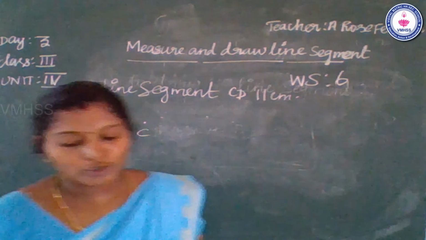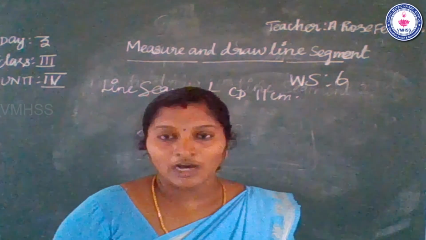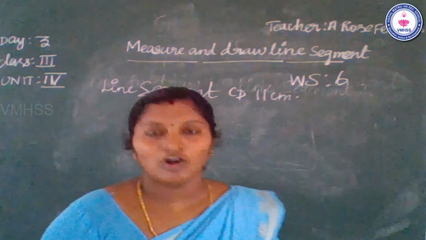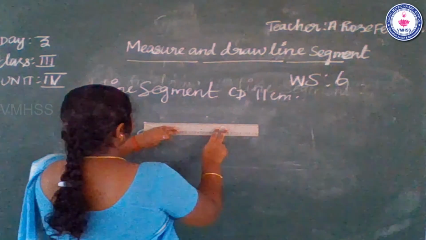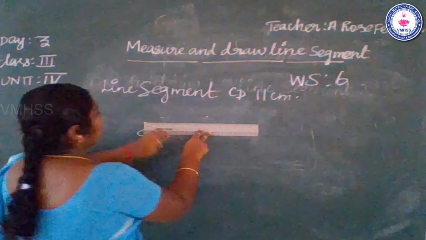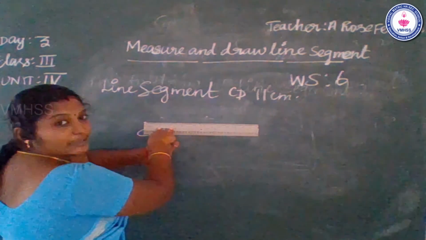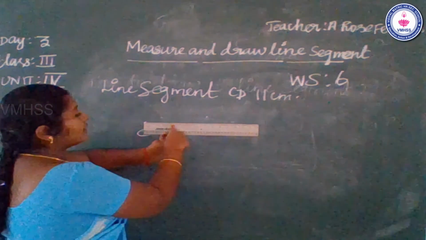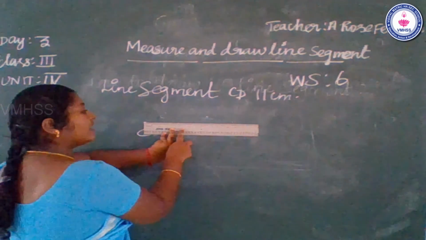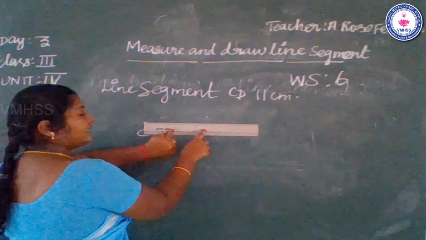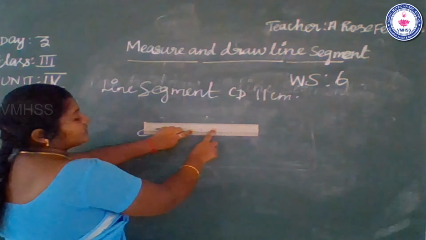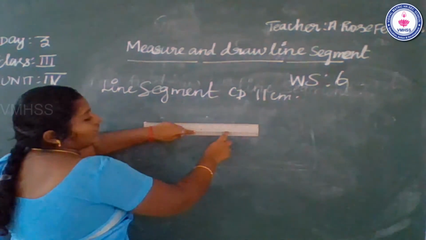So what is the second rule? Count 11 centimeter on the ruler. Okay, so 0 centimeter, 1 centimeter, 2, 3, 4, 5, 6, 7 centimeter, 8 centimeter, 9 centimeter, 10, so 11.